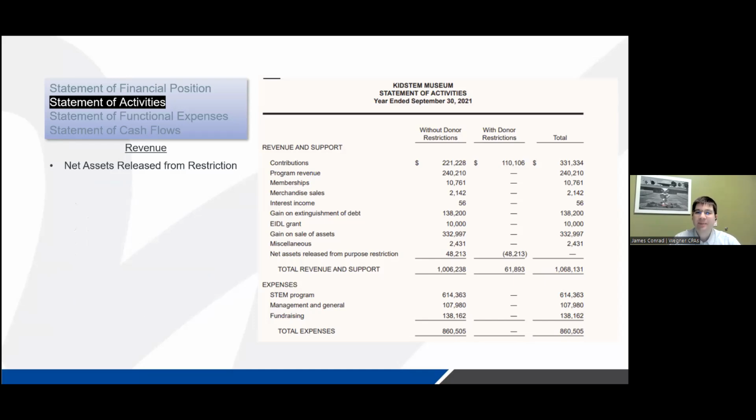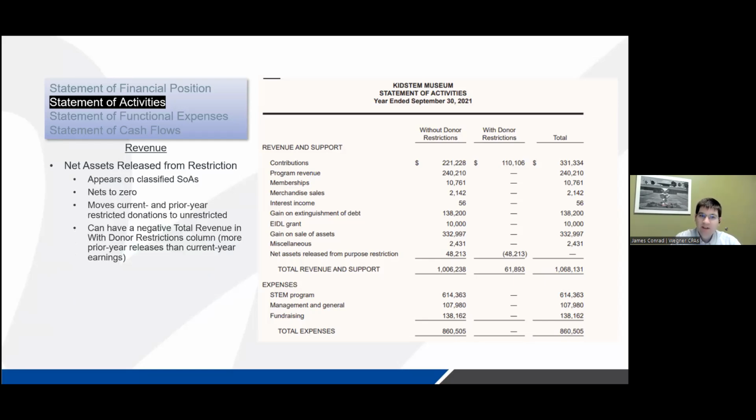And then near the bottom of these classified statements of activity, you're going to have net assets released from restriction. It's going to net to zero. You're going to see in the total section, it's going to have a zero, and the canceling numbers in the two columns. You're going to take your current and prior year restricted contributions or any other restricted revenue, and it's going to shift it to unrestricted.